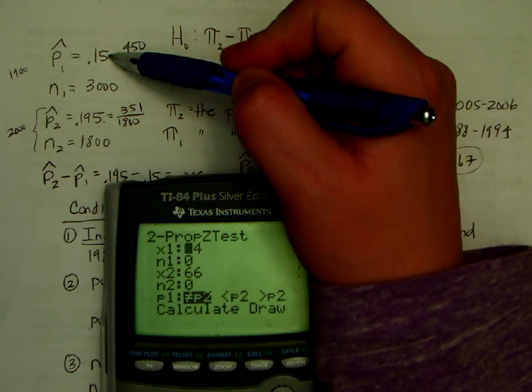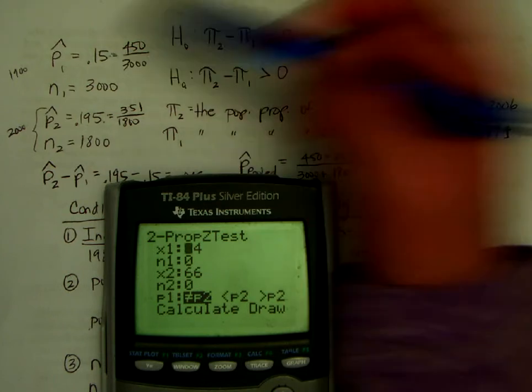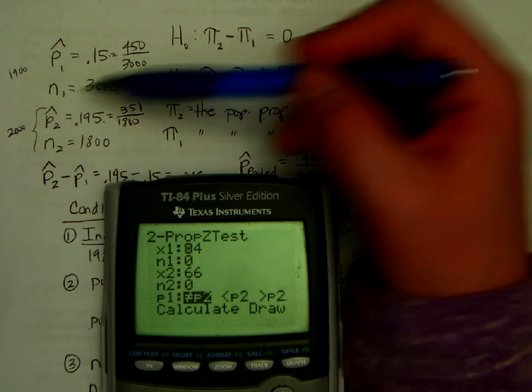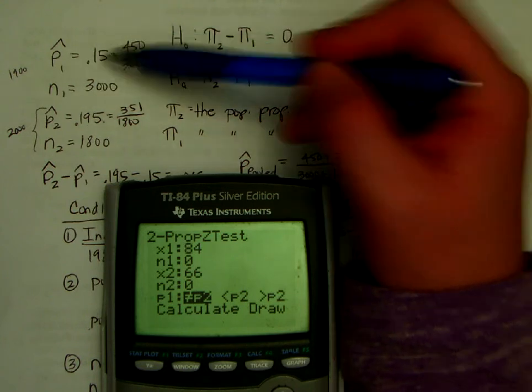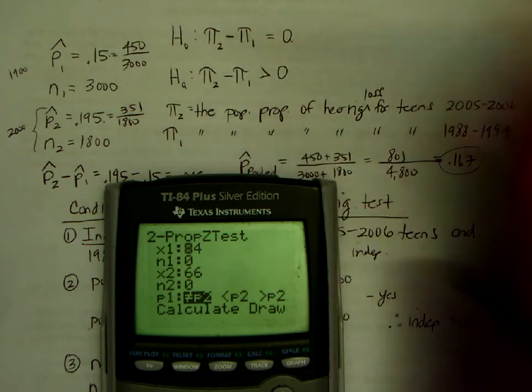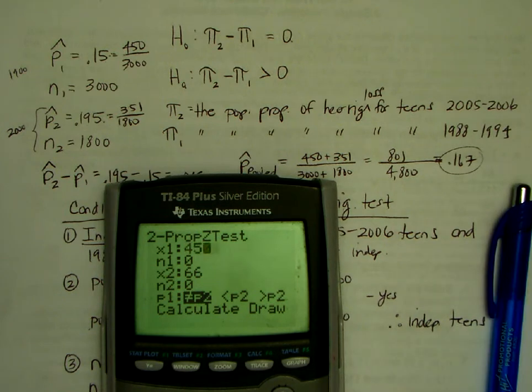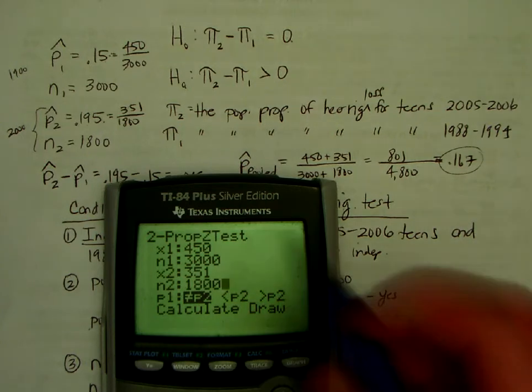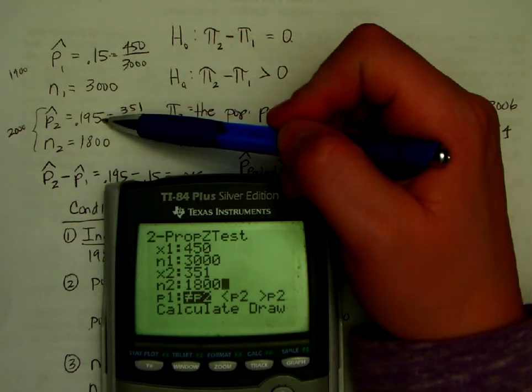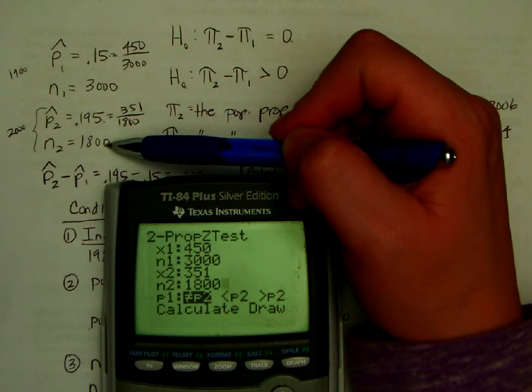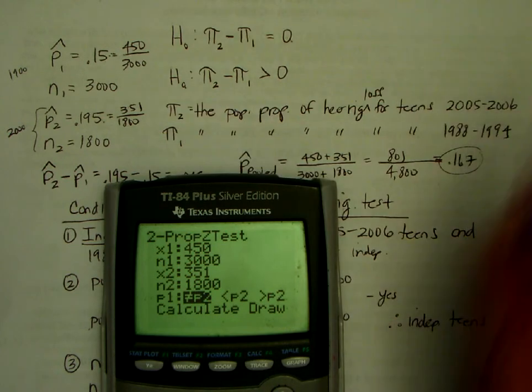The calculator wants to know the fraction that gave you 15%. So if you took 15% of 3,000, that's going to give you the 450 out of 3,000. And p2 was created by taking 351 out of 1,800. And I can find that out by taking 19.5% times 1,800, which gives me the 351.